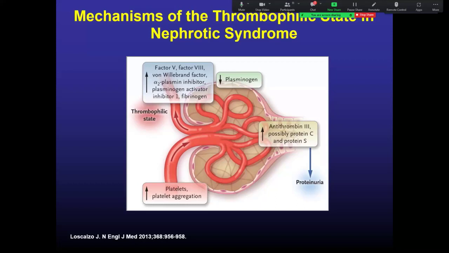And then you lose antithrombin 3, and there have been a lot of studies confirming that, possibly also protein C and protein S in the urine. So you have this combination of increased factors for clotting, decreased anti-clotting factors, and you can also have elevation of platelets and increased platelet aggregation.